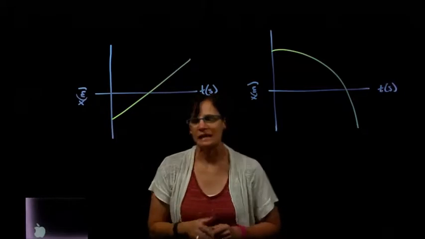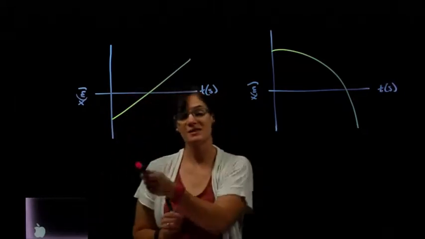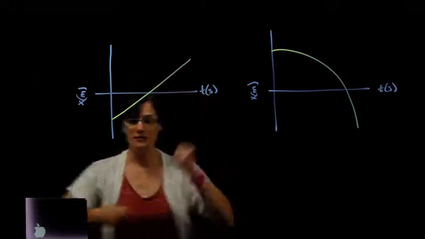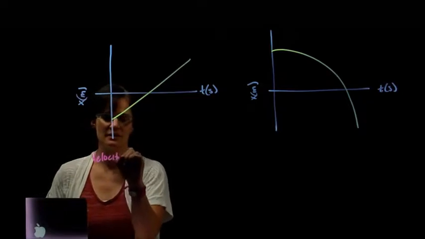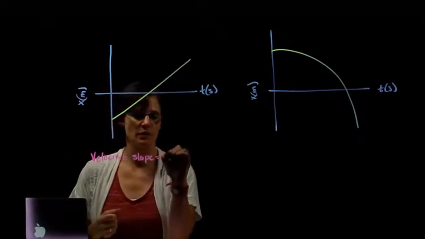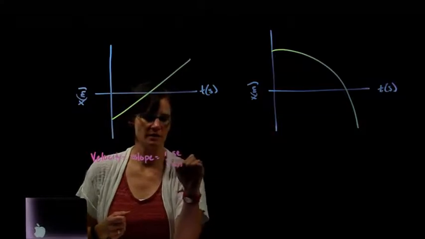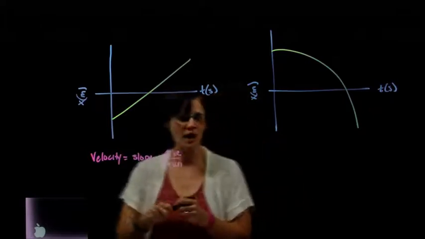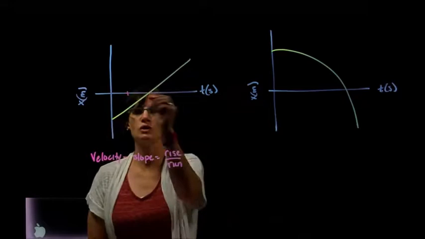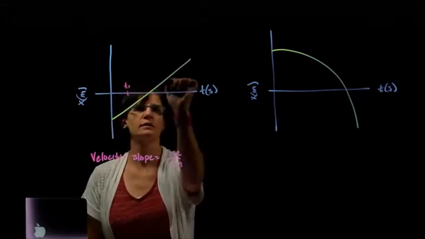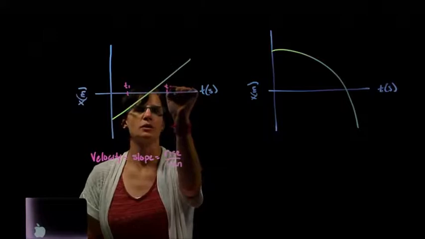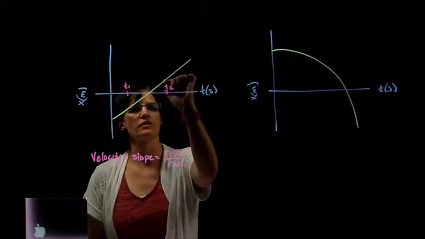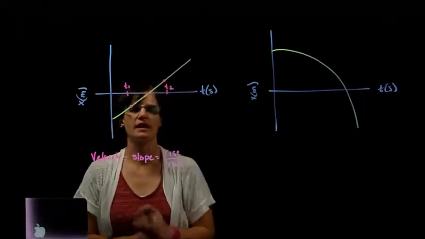So let's look at getting the velocity for constant motion. We have to keep in mind that the velocity is equal to the slope, the rise over the run, of an object's motion, the slope of that graph. So if I want to look at the velocity between two time points, time 1 and time 2, I want to take the slope of the graph between them.